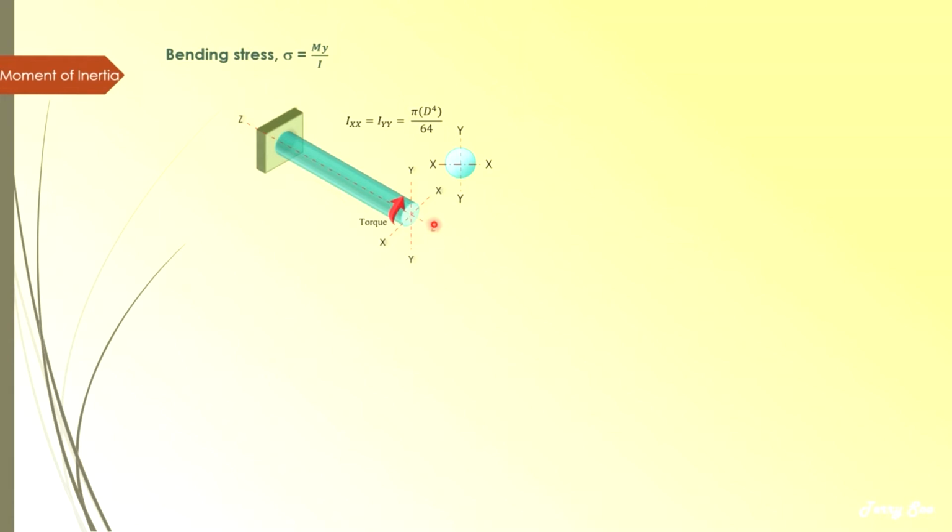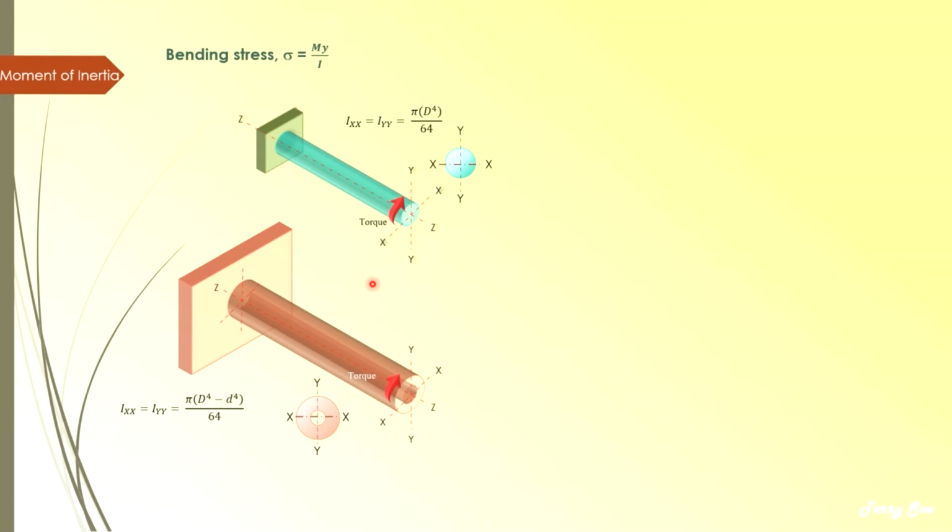Rotating, then you will have to consider turning moment. What we are looking at here is bending moment. So the moment of inertia about the x or the y is the same, which is given as pi d to the power of 4 over 64. But the polar moment of inertia is over 32. Polar moment of inertia, remember, is about the z-axis.